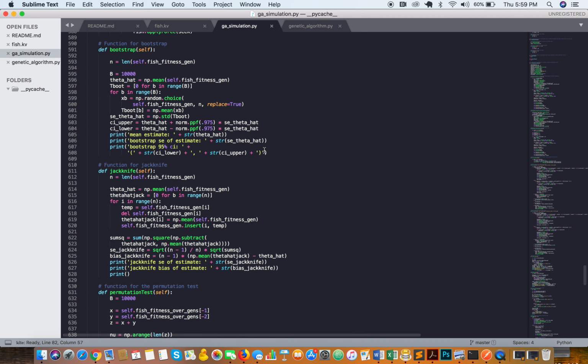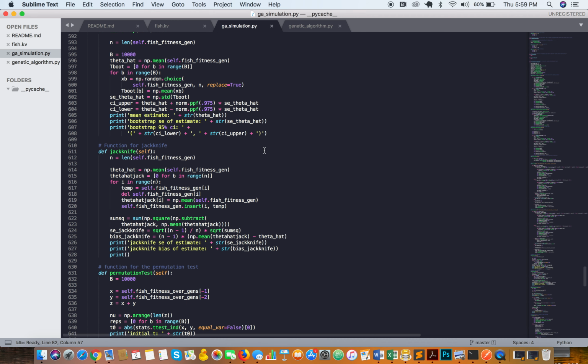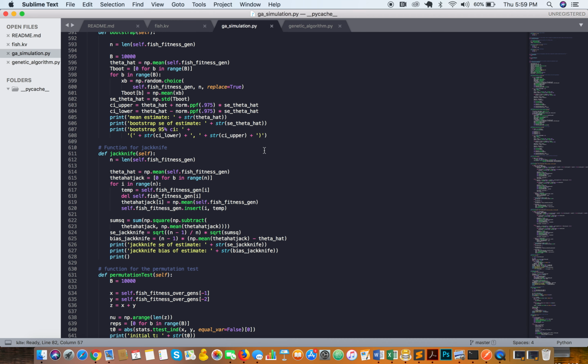And then we have bootstrap, jackknife, and permutation tests, which we're using to find out what the mean estimate for the fitness is for every single generation, as well as the standard error of that estimate, as well as the confidence interval using bootstrap. Then we use jackknife to find the standard error as well as the bias.